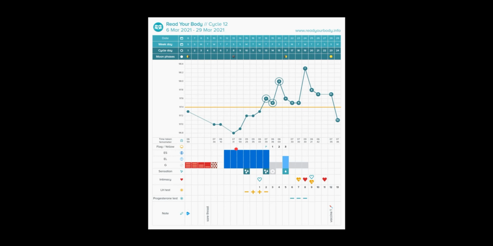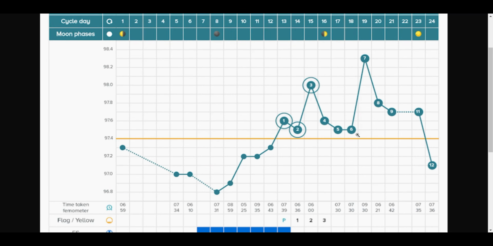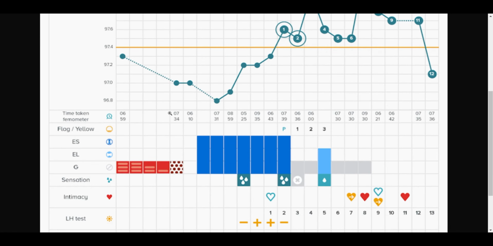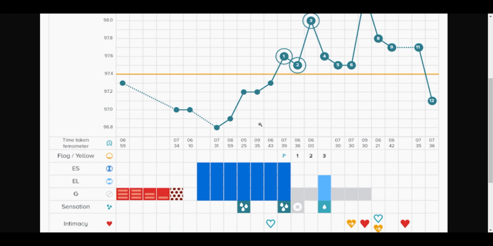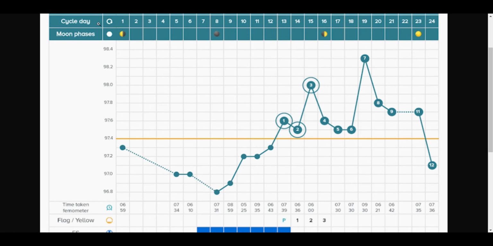Below these temperature lines, on this little horizontal line, we're going to zoom in again, and this line refers to the time that the corresponding temperature was taken. For example, on cycle day 8, this temperature of 96.8 was taken at 7:31 in the morning.